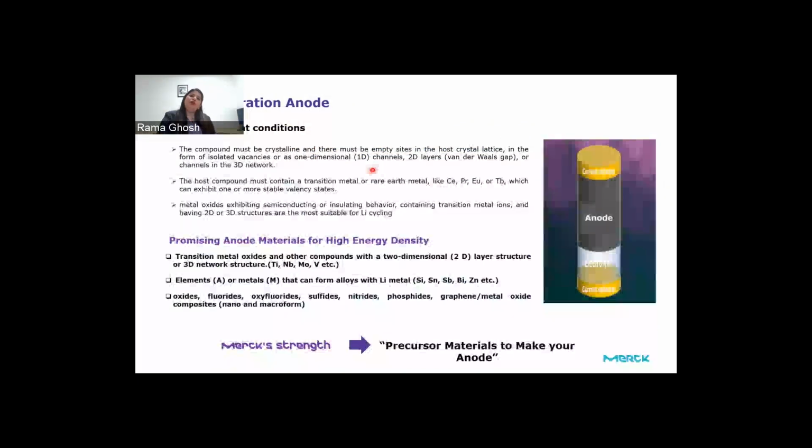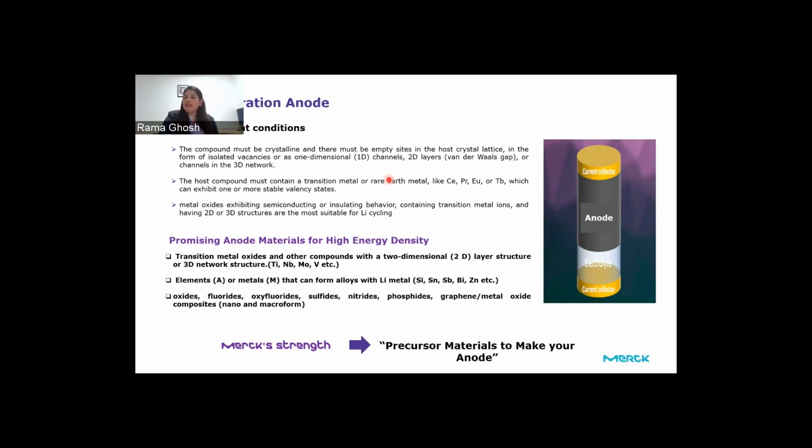So when we design or work on a next generation anode, it is very important to keep some characteristics in mind on how you are going to choose the anode materials, and what kind of anode materials will give us the best benefit in battery applications. First, the compound should be crystalline, or it should have empty sites in the host crystal lattice, in the form of isolated vacancies or as one-dimensional channels, two-dimensional layers, or channels in the 3D network.